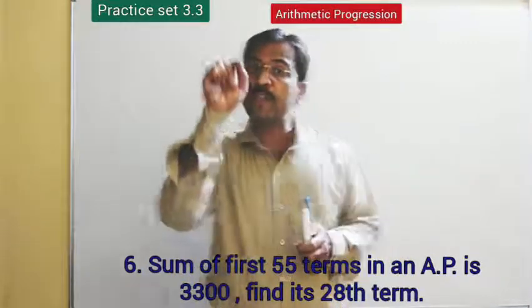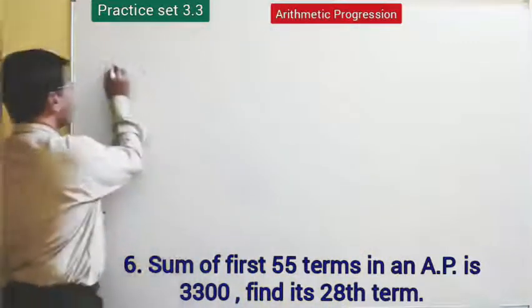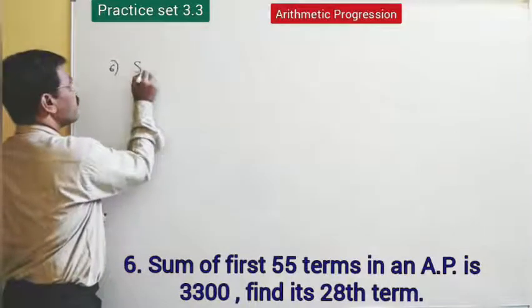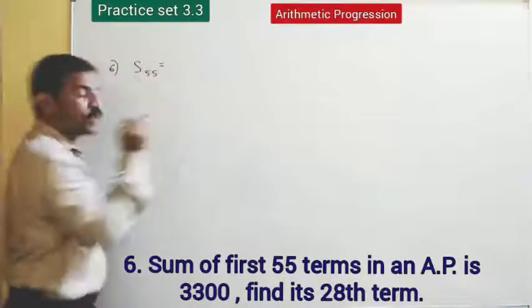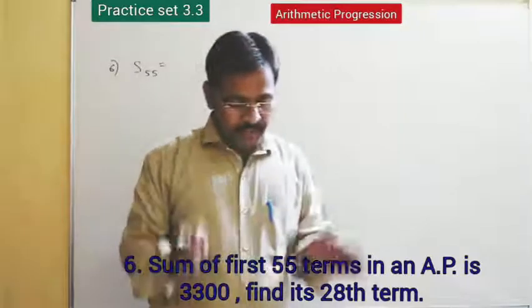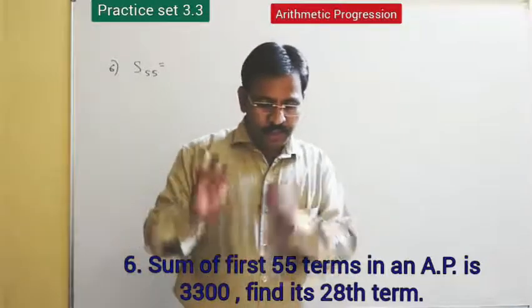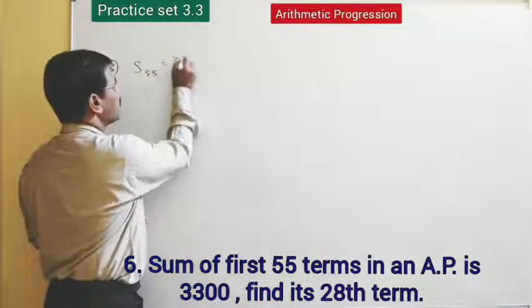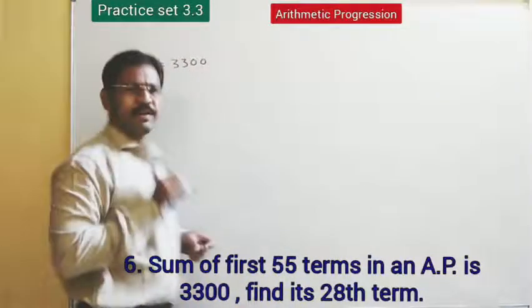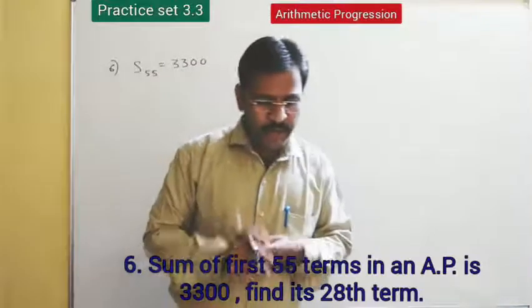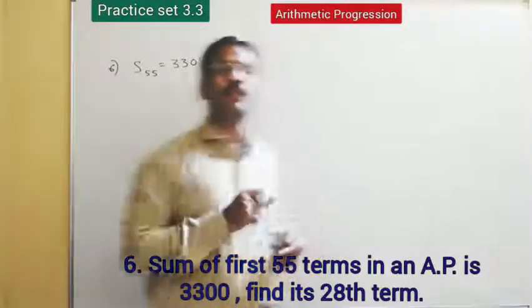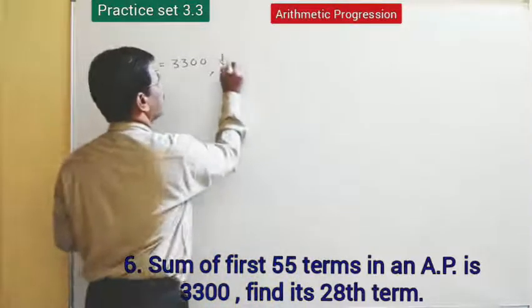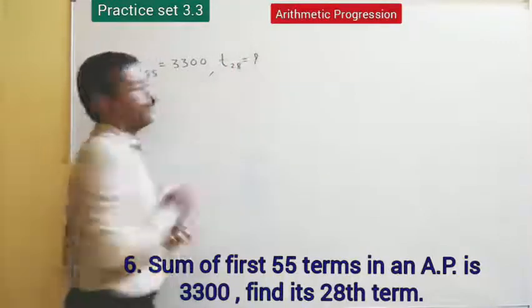Sum of the first 55 terms, it is given, that is 3300. Look friends, 3300 is given. So from that we have to find the 28th term, means T28 we have to find.